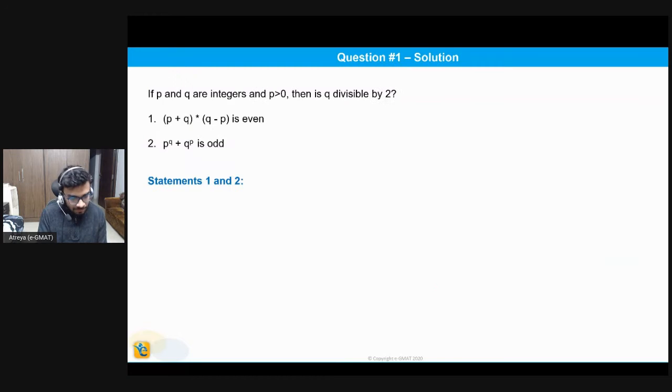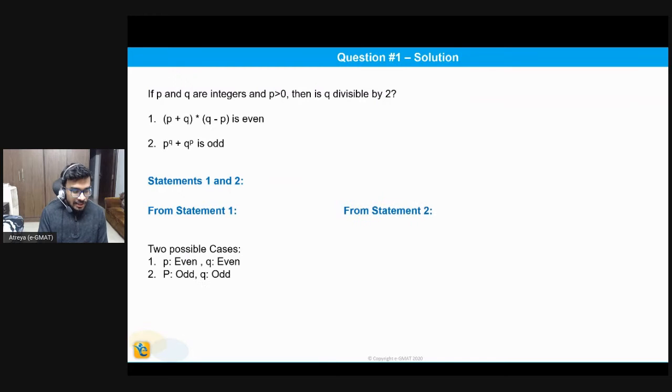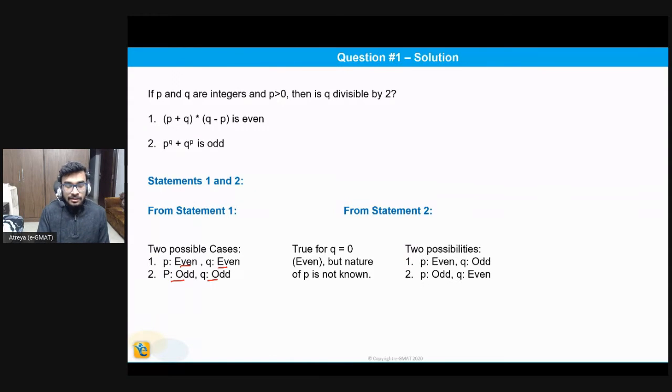From statement 1, I get that P can be even, Q can be even, or P can be odd, Q can be odd. And from statement 2, there are two pieces of information: Q is even, Q is equal to 0, but I do not know P. And the second case led us to the possibility that P is even, Q is odd, or P is odd, Q is even.